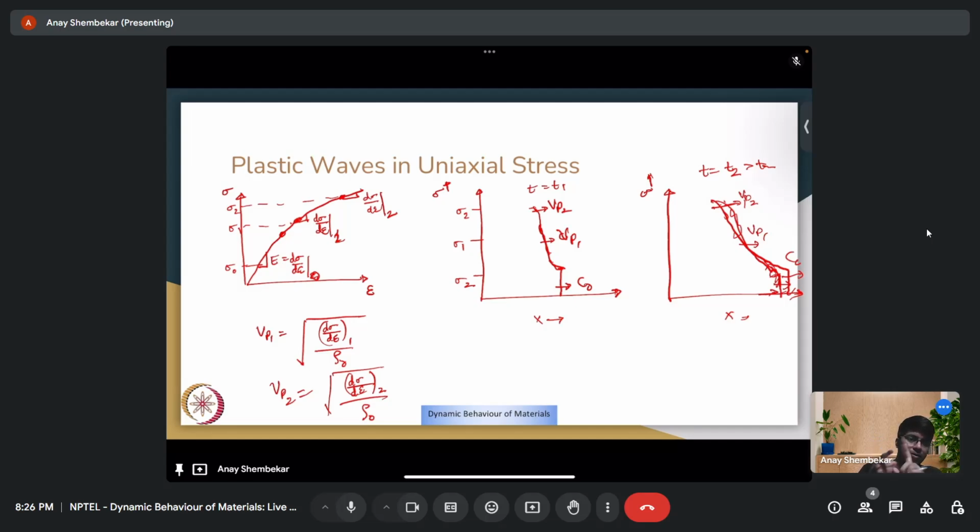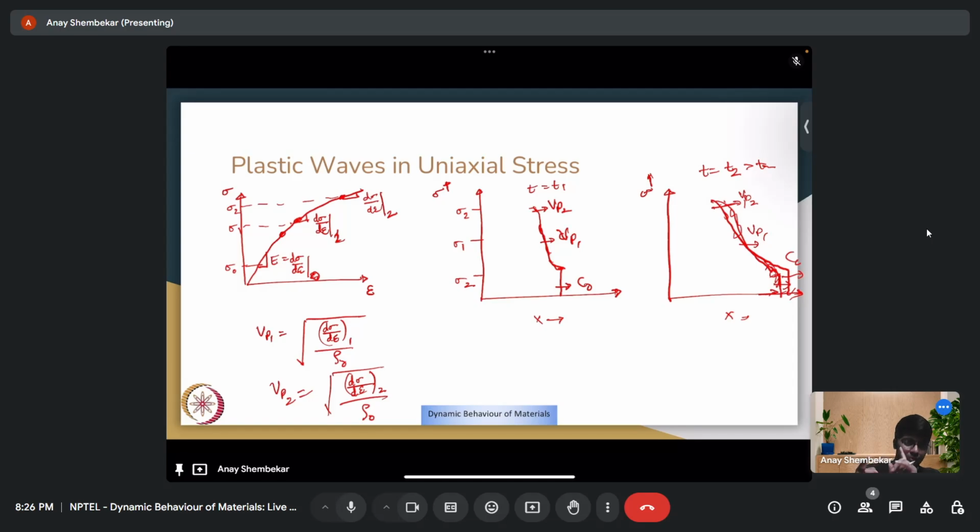So to recap, upon impact you will have some particle velocity. If that particle velocity is low, you can stick to elastic wave analysis. If that particle velocity exceeds a certain limit, depending on the material, plastic waves will be generated, and that plastic wave will travel at a speed given by the tangent modulus of the material, dσ/dε.